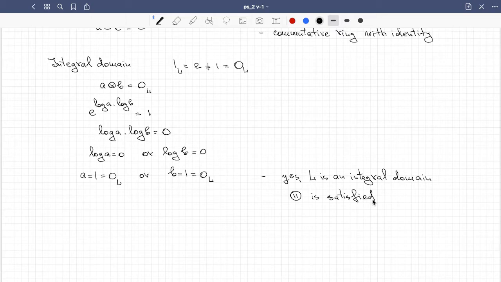Last step, maybe it is a field. The answer is yes, it is a field. And this is about property 12, which is also satisfied.